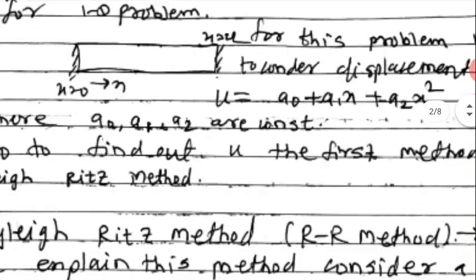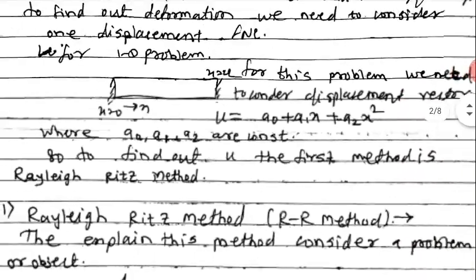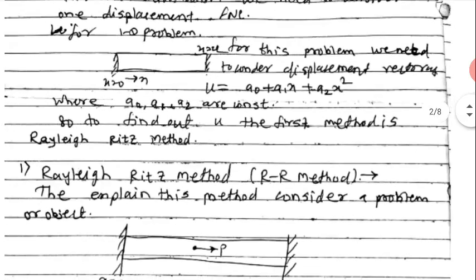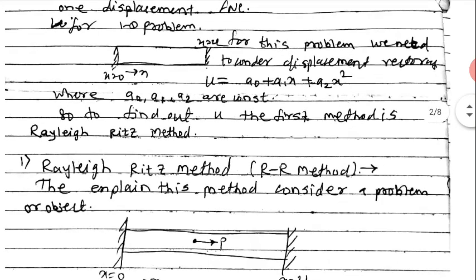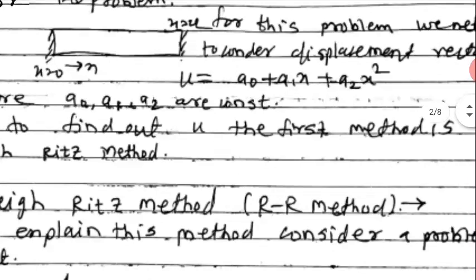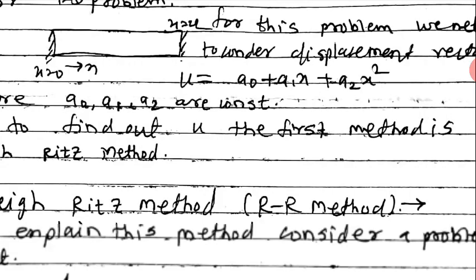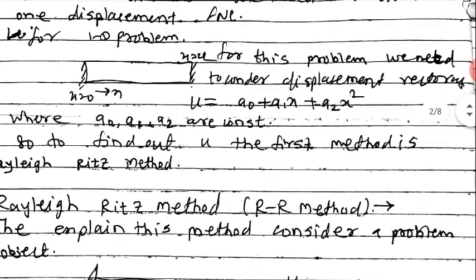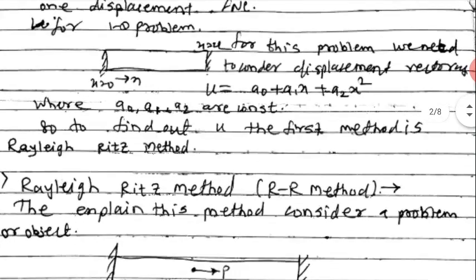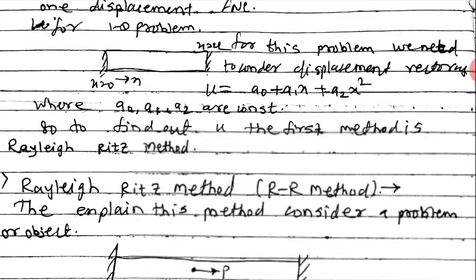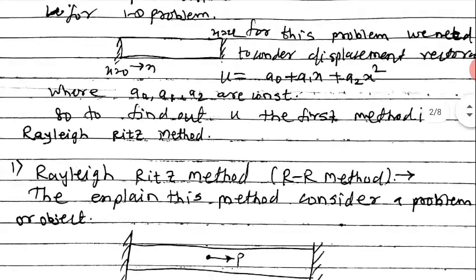The length of that bar is 2L. For this problem we need to find the displacement, and we just consider u is equal to a0 plus a1x plus a2x square, as we have stated earlier, where a0, a1, a2 are constants.